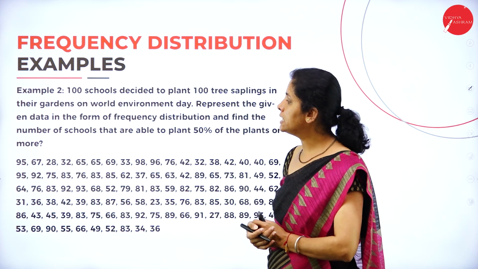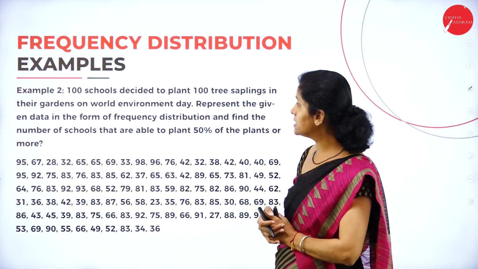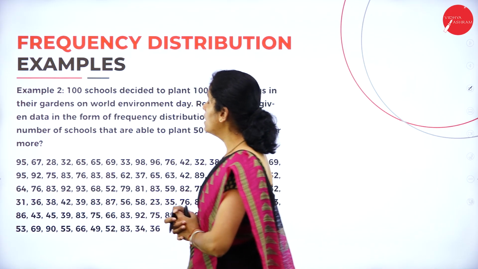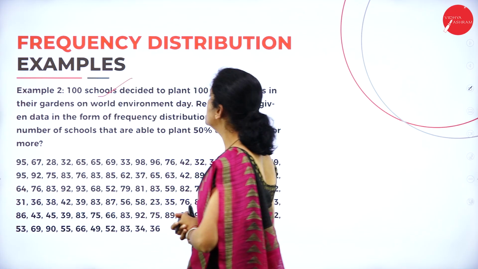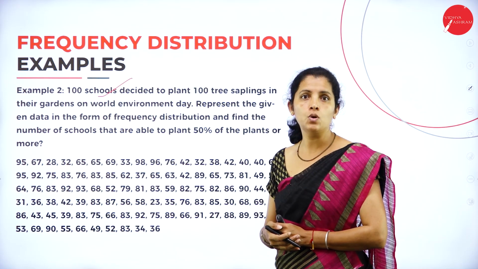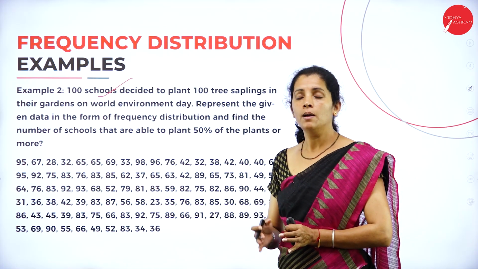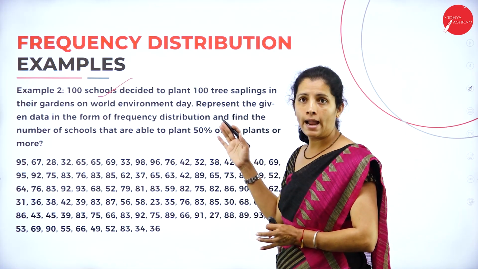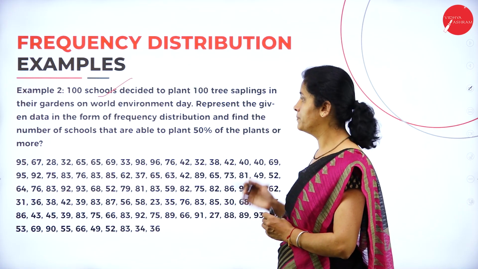Now dear student, let me consider another example here. 100 schools decided to plant 100 trees. So 100 different schools decided to plant 100 trees.